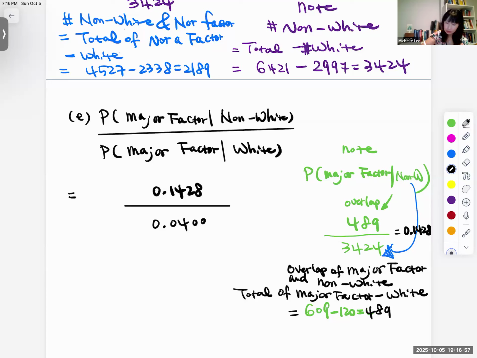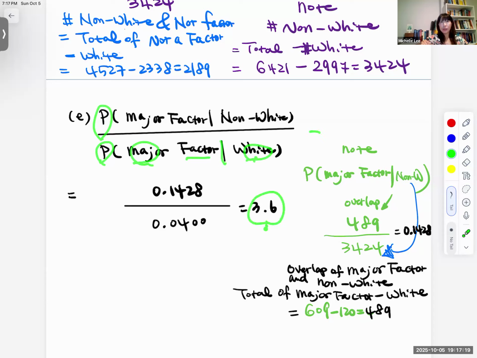Okay. Then we still can calculate. What do you get? 3.6. Okay, what does this mean? This means we have the probability of major factor given that non-white over the probability of major factor given that white, right? That is 3.6.